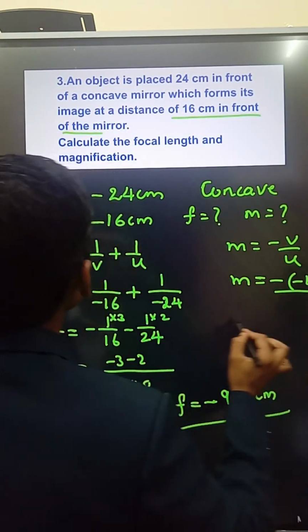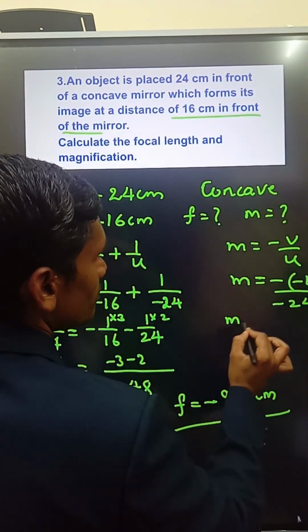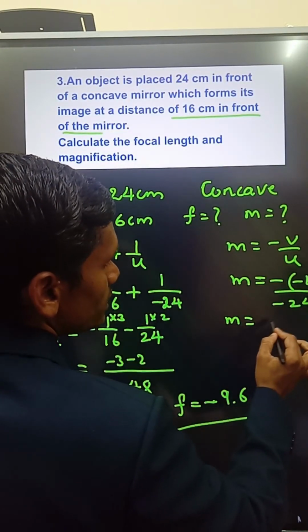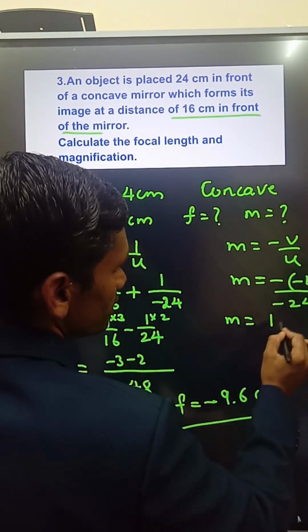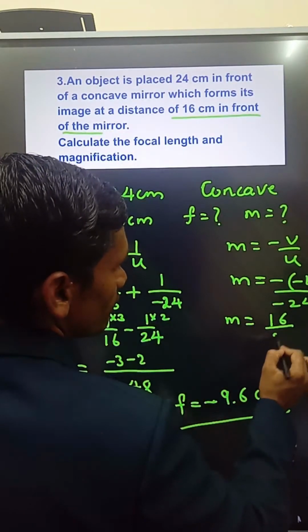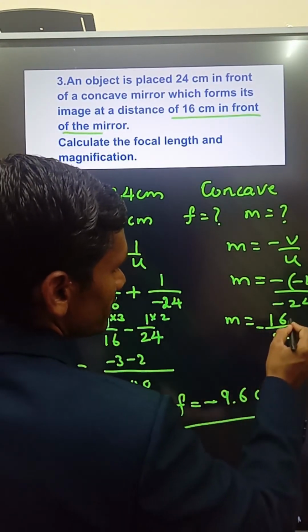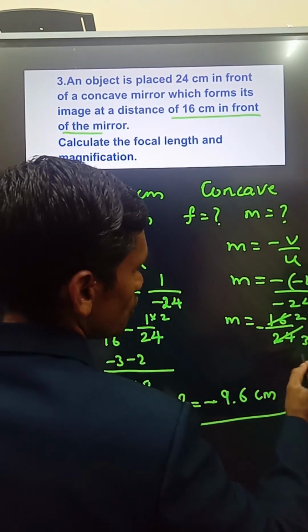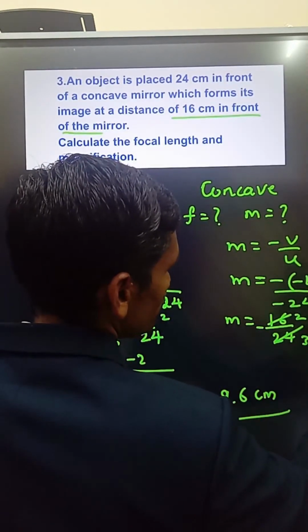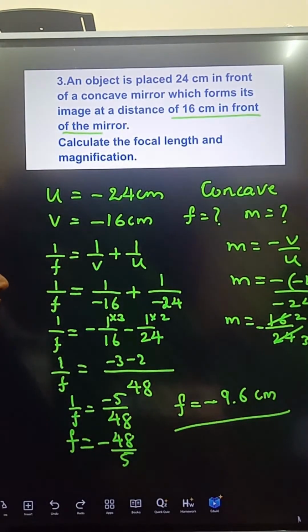U is minus 24. So M will be equal to, minus minus gets cancelled, minus into minus is plus, that is 16 by 24. If you cancel this, 8 2s are 16, 8 3s are 24. So M is equal to minus 2 upon 3, that is minus 2 by 3 magnification, right?